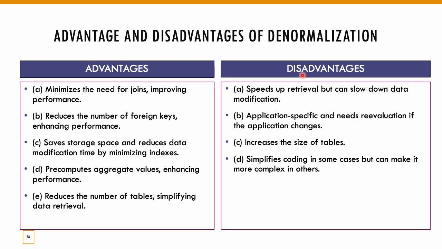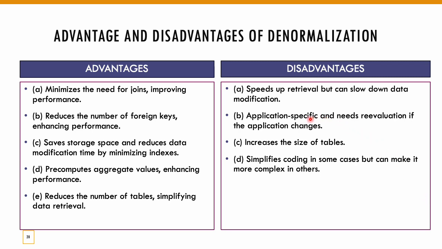Okay, it speeds up retrieval but can slow down the data modification. Yeah, denormalization can improve the speed of data retrieval since fewer joins are needed. However, updates, inserts, and deletes become more complex and time consuming because the redundant data needs to be modified in multiple places.